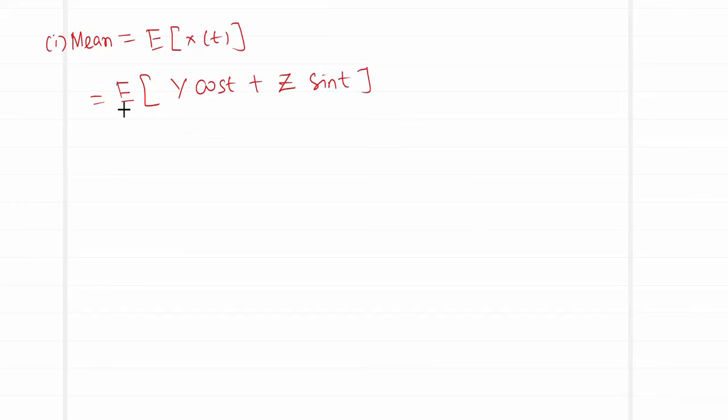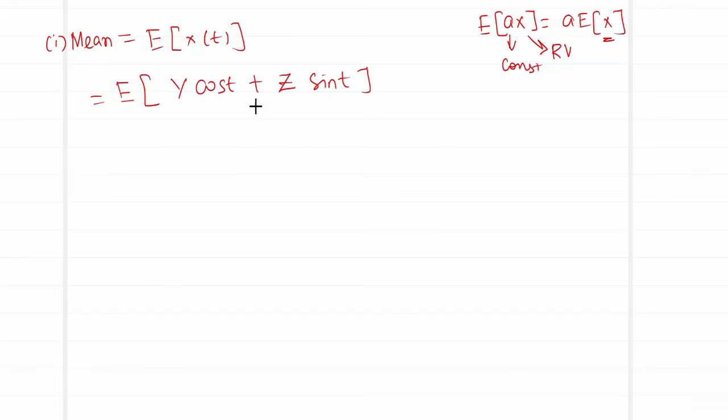Now when I take the expectation of the input, what happens? We have to recollect the property of expectation that E[aX] is a times E[X]. What is the role of a? a is the constant. What is the role of X? X is my random variable. You need to keep in mind that expectation is applicable only to the random variable, and a constant is not affected by the expectation and comes outside.